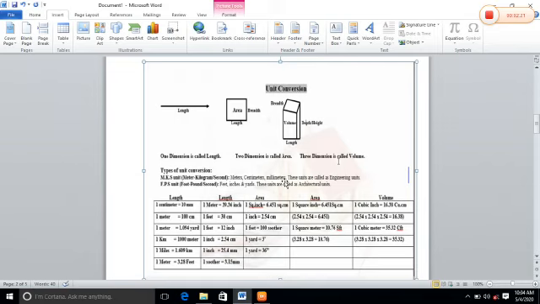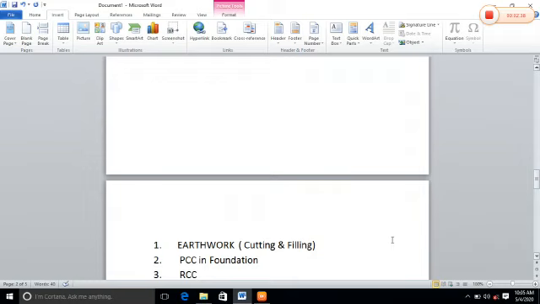For example, 1 centimeter is equal to 10 mm. So let's take 10 centimeters: how many mm is it equal to?